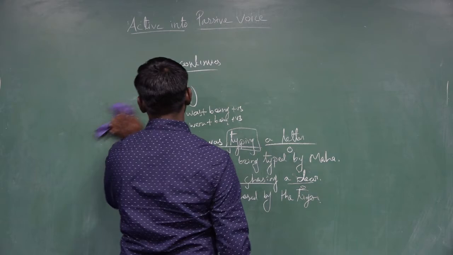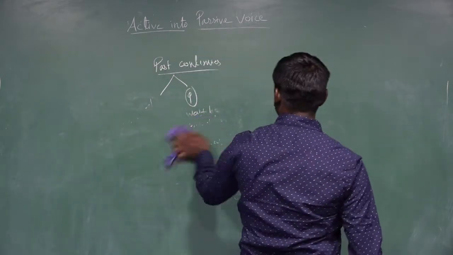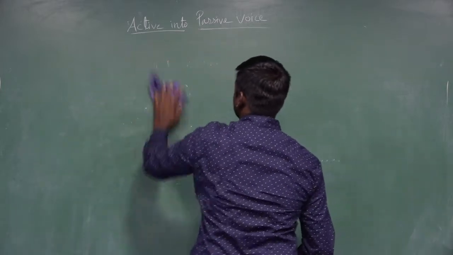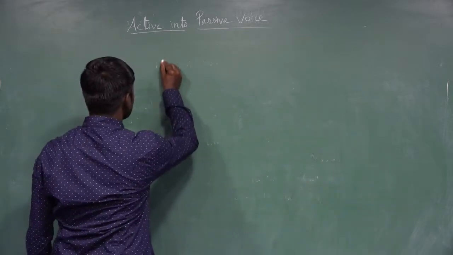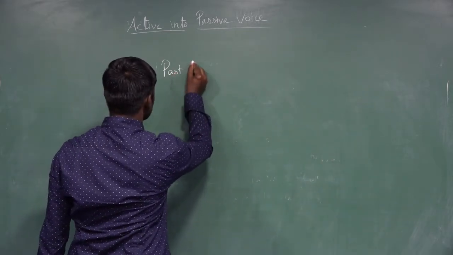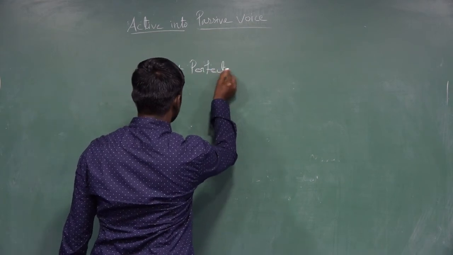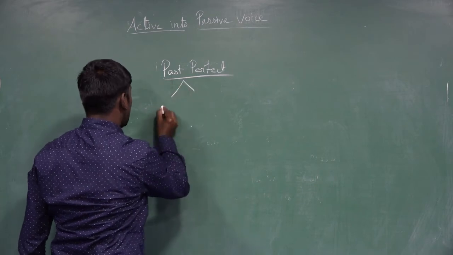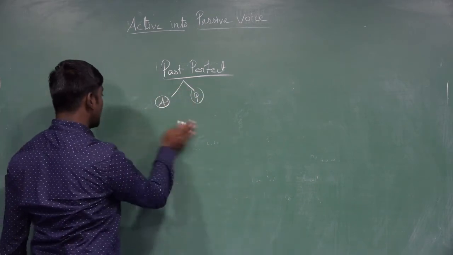Past perfect, the next tense form, past perfect. Past perfect is active and passive. What is the auxiliary required?